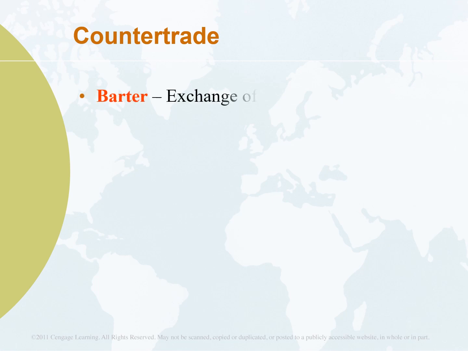Countertrade. Let's talk about countertrade. What is countertrade? Barter is one. Basically, an exchange of real goods. Instead of paying cash, money, they just exchange goods for goods. That's called barter. You give me something, I give you something in return. No cash, no money involved. That's barter trade.